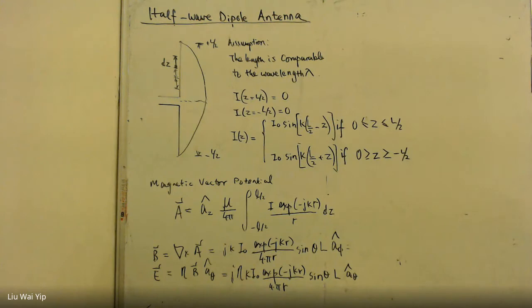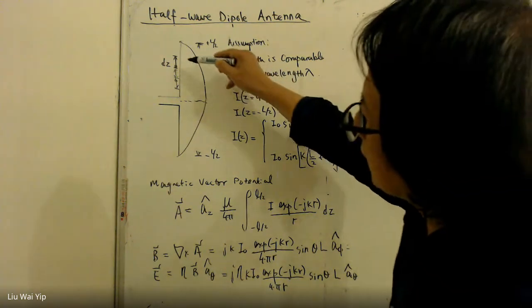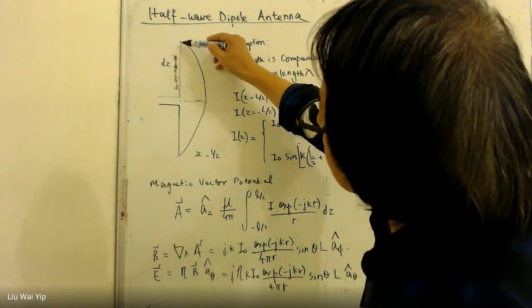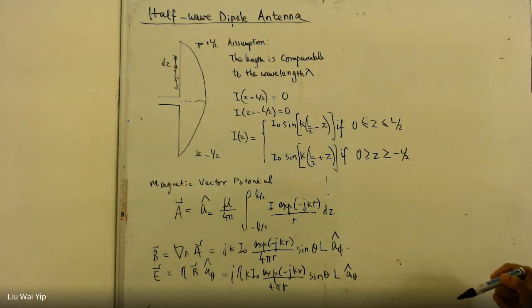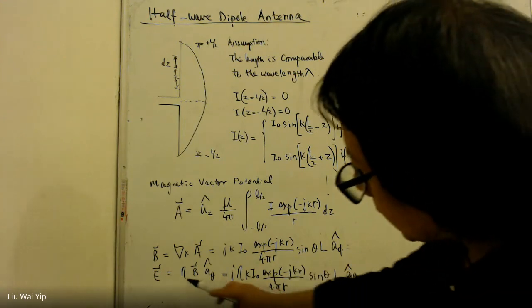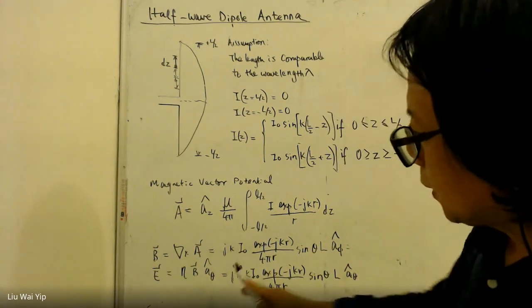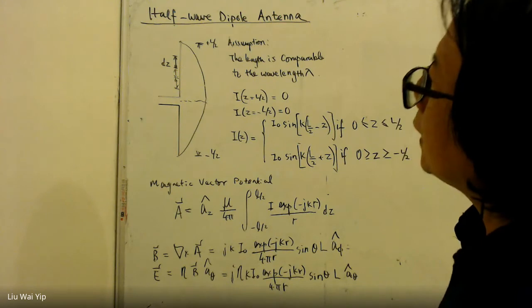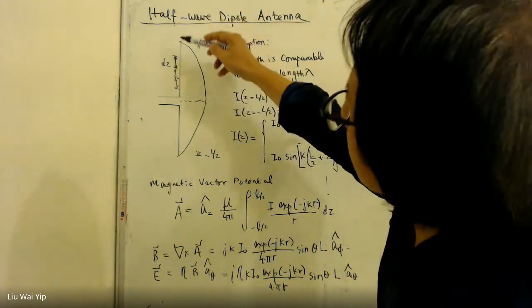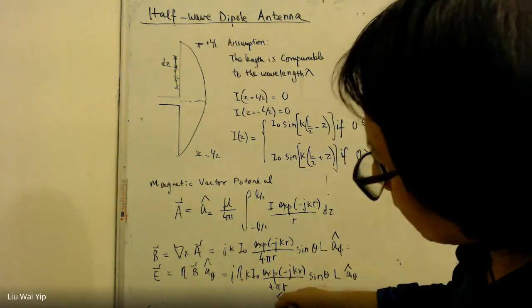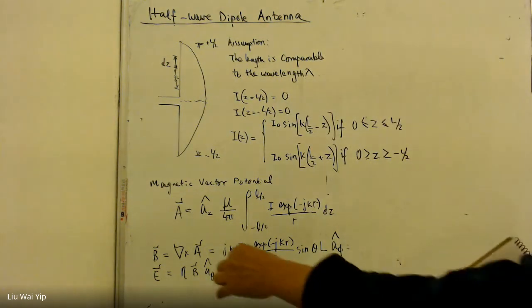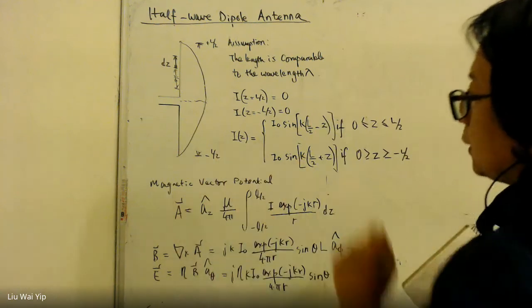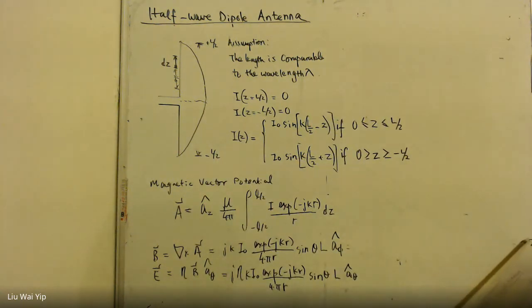In other words, each segment along the body of the half-wave dipole antenna is actually a Hertzian dipole antenna, and the final length is a cascade, an array, of Hertzian dipole antennas.